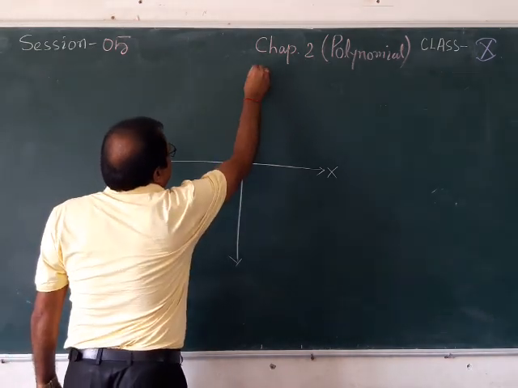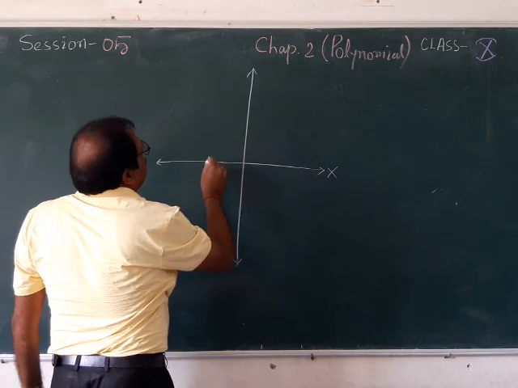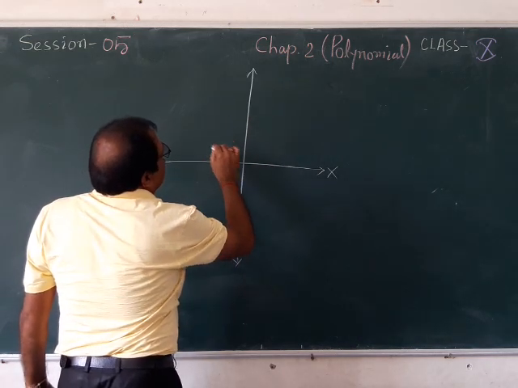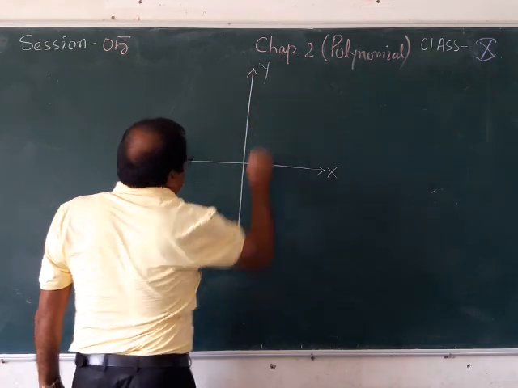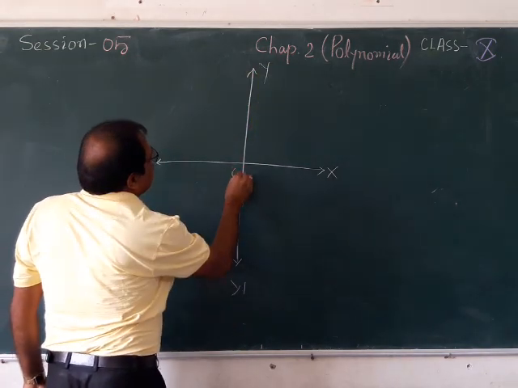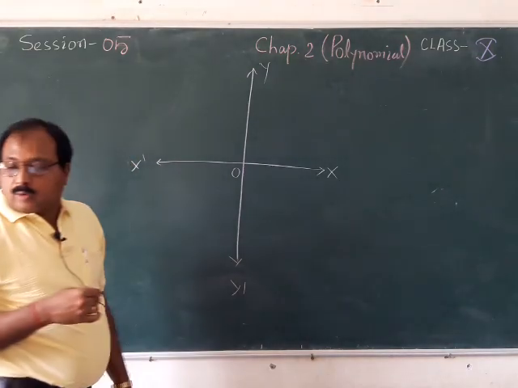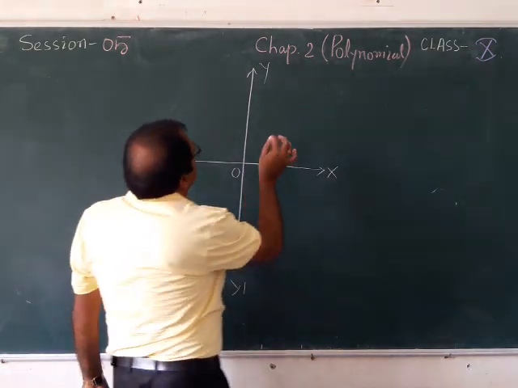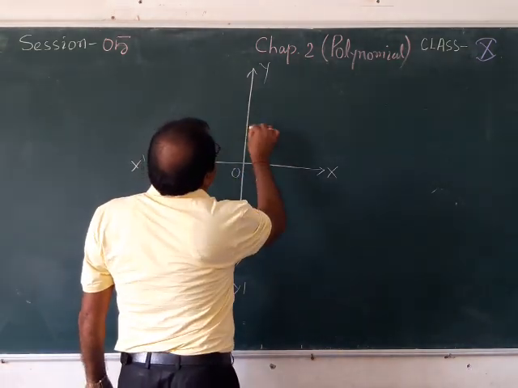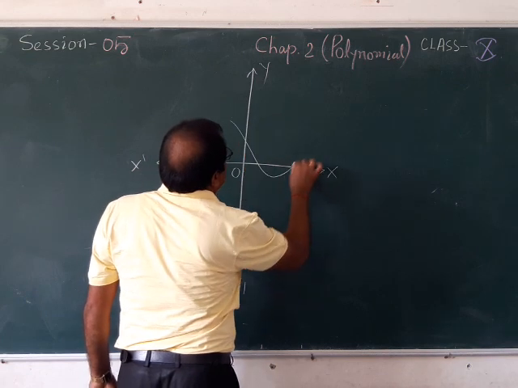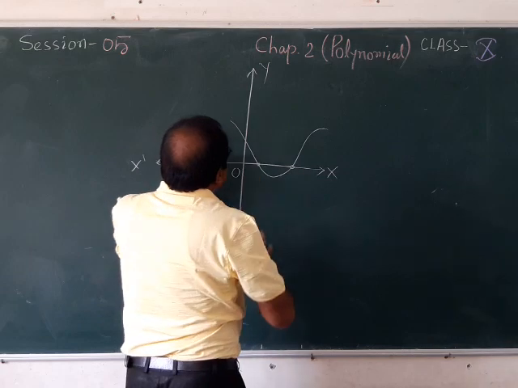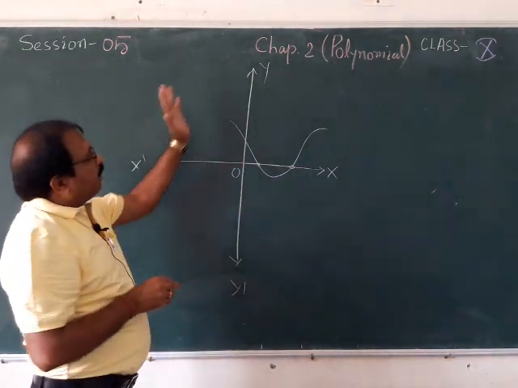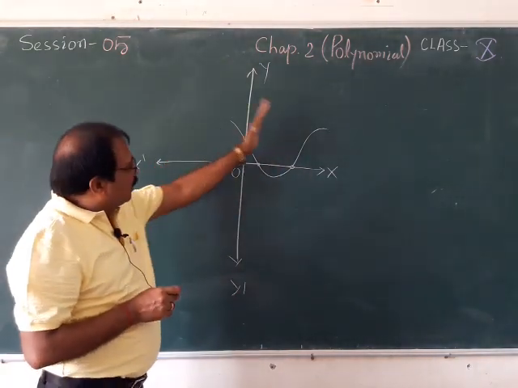In that graph, if I am drawing the graph of any polynomial, this is y and this is y dash and here it is 0. Now, suppose I am drawing a graph of this polynomial like that, here you see.